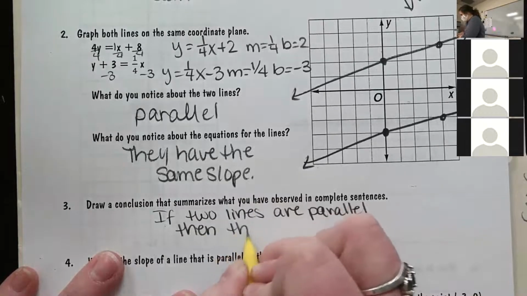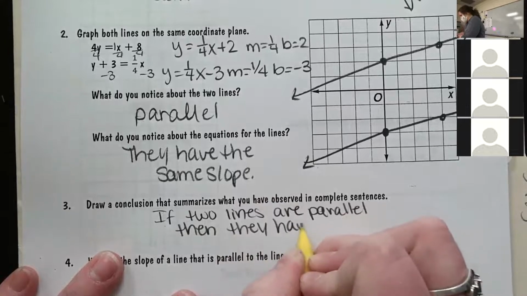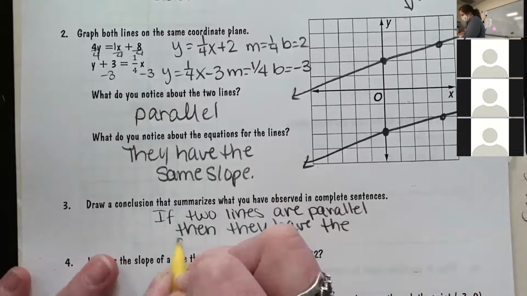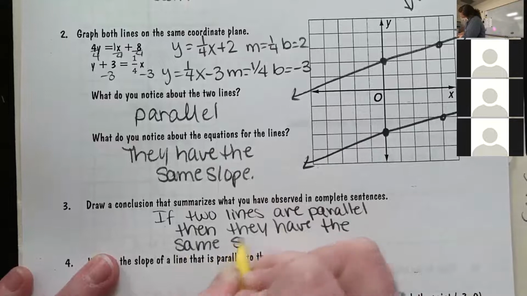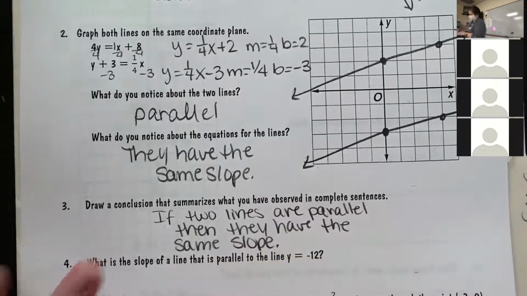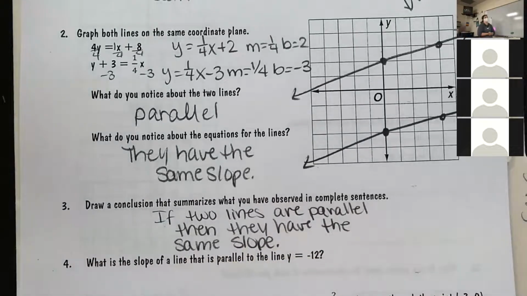Then they have the same slope. Look at that period at the end, capital I. So nice.